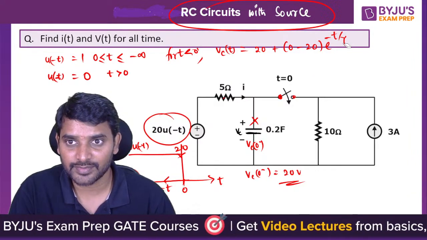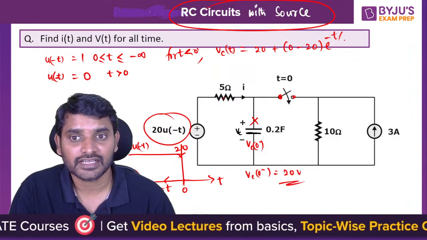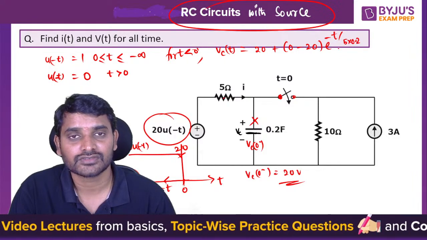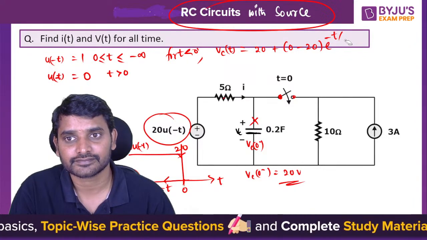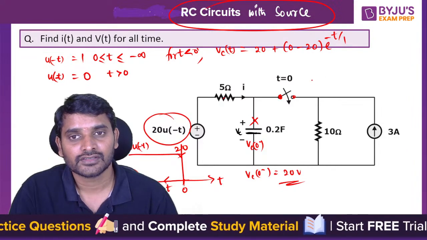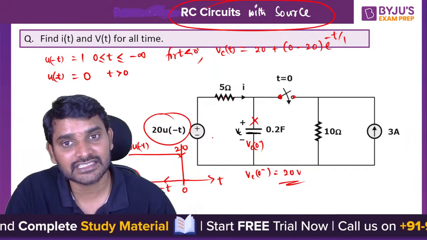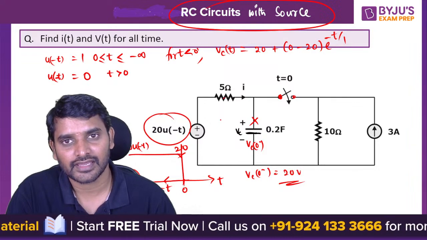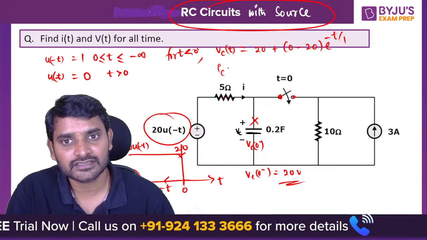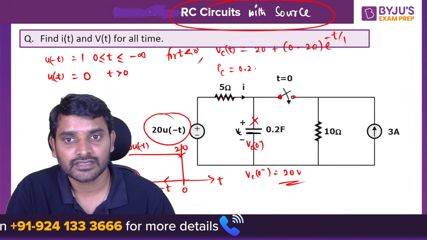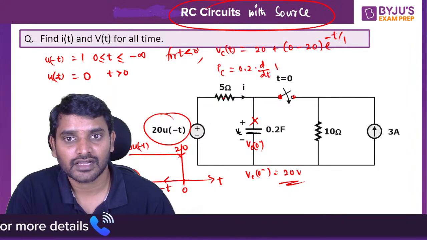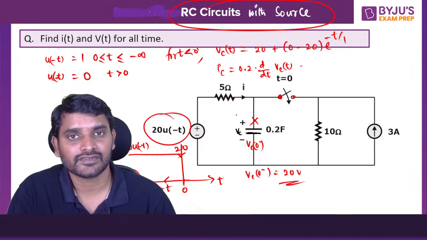The resistor value is 5, the capacitor value is 0.2, so it is just 1 second. This is the voltage expression for t less than 0. Similarly, differentiate this and you will get Ic for t less than 0.